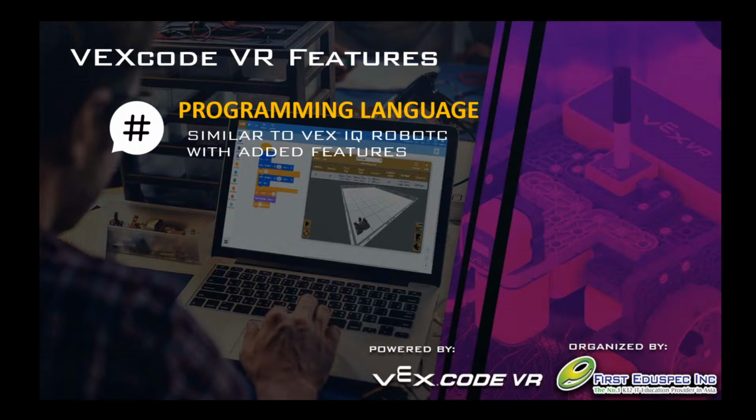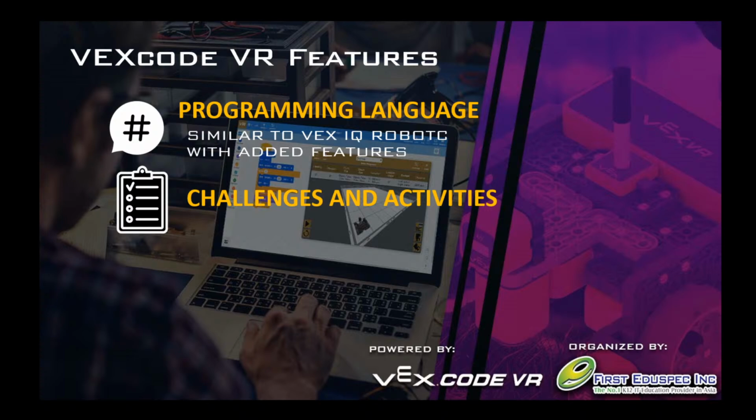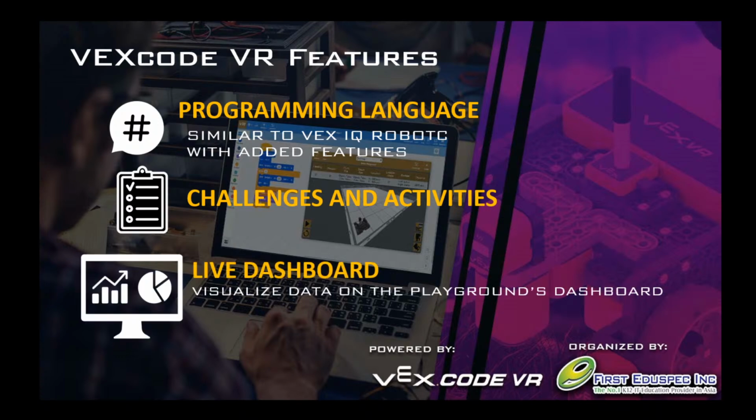The programming language is similar to Vex IQ RobotC. It is C, okay? For challenges and activities, there are approximately 45 activities that you can use to help you master the Vexcode VR. Then we will also have the live dashboard. It helps you visualize data on the playground's dashboard.